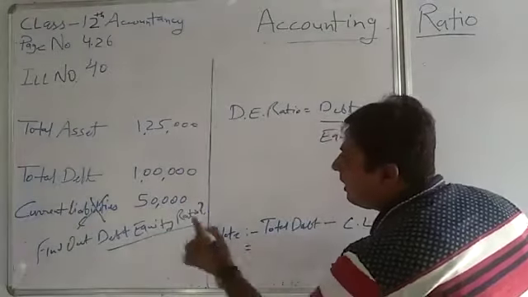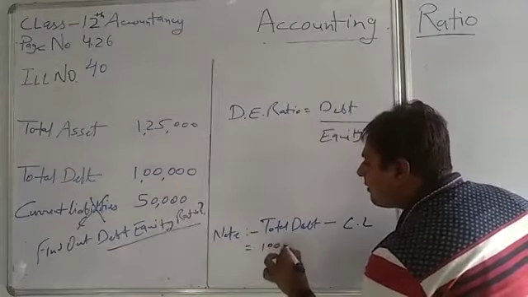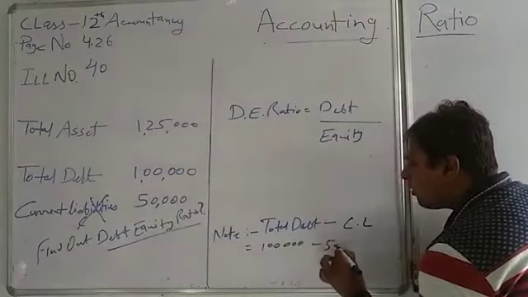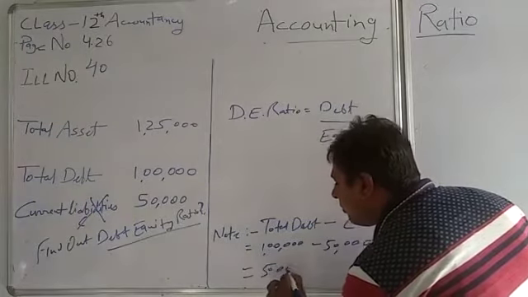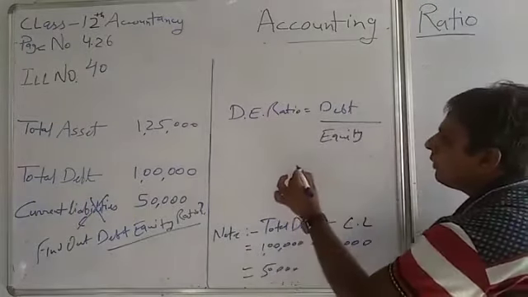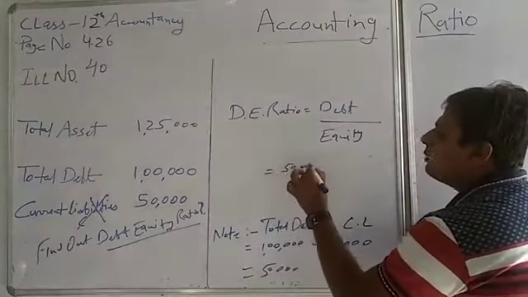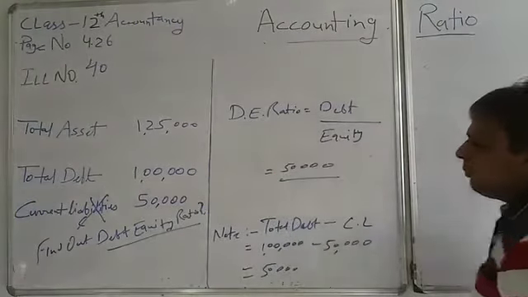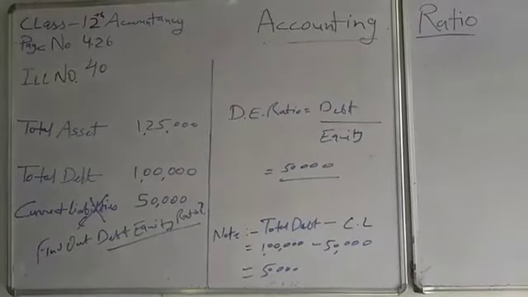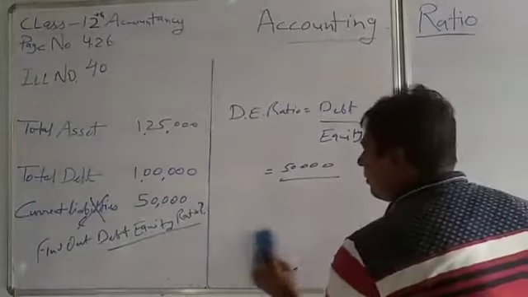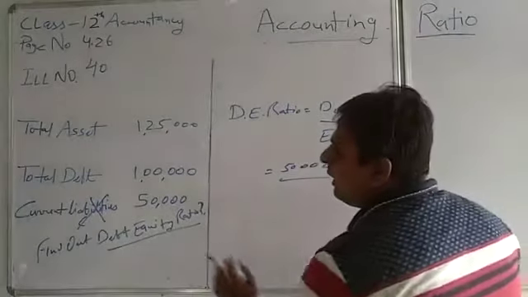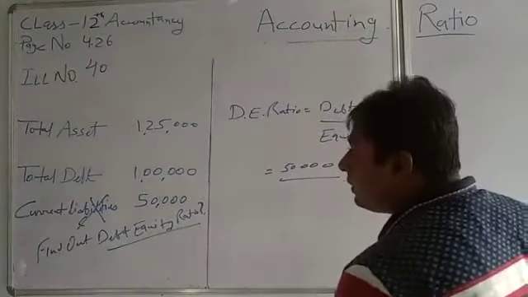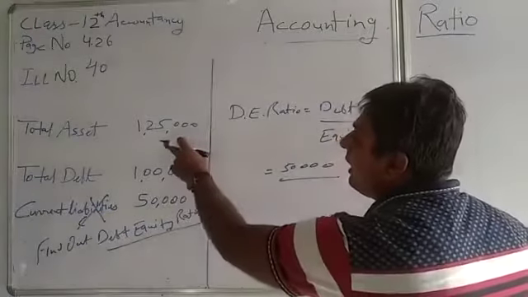So how much will it come to? 1 lakh minus 50,000 is equal to 50,000. So that is our debt, 50,000. Now, equity. To find out the equity, what do we have to do? We have already been given total asset.